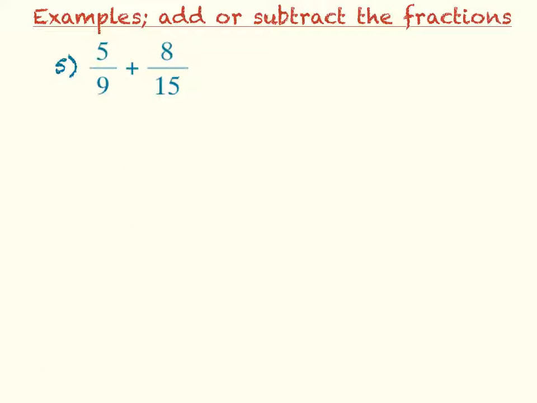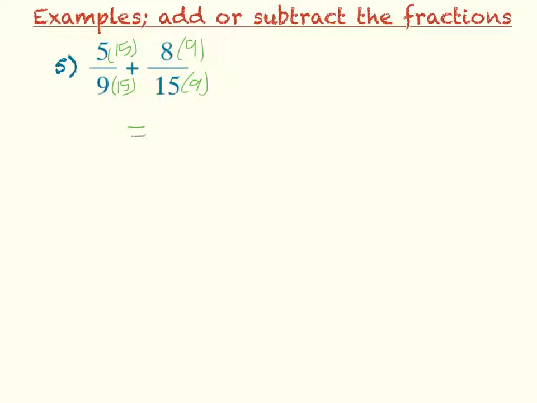And the last example, 5/9 plus 8/15. This is a simple addition problem, but before we can do that, we need to make sure we have a common denominator. So I'm going to multiply by 15 and multiply by 9.